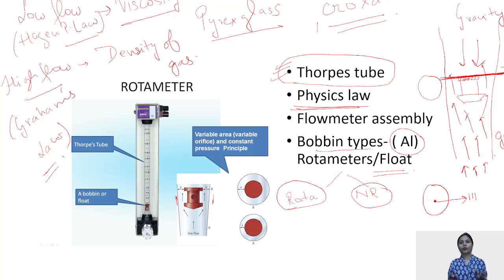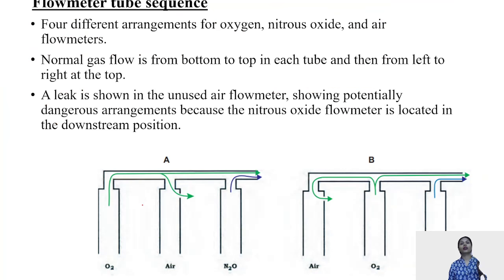That's the flow meters. Now, flow meters are arranged, I just showed you, they all are arranged in series, with oxygen always downstream of others. I repeat, the oxygen is always downstream.